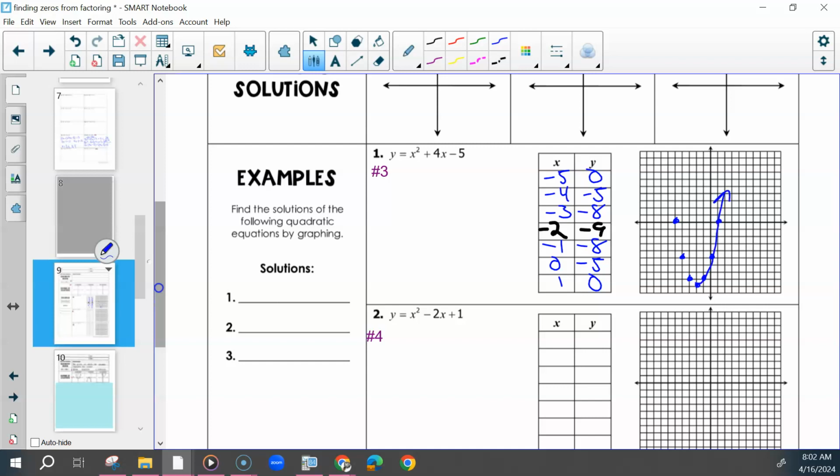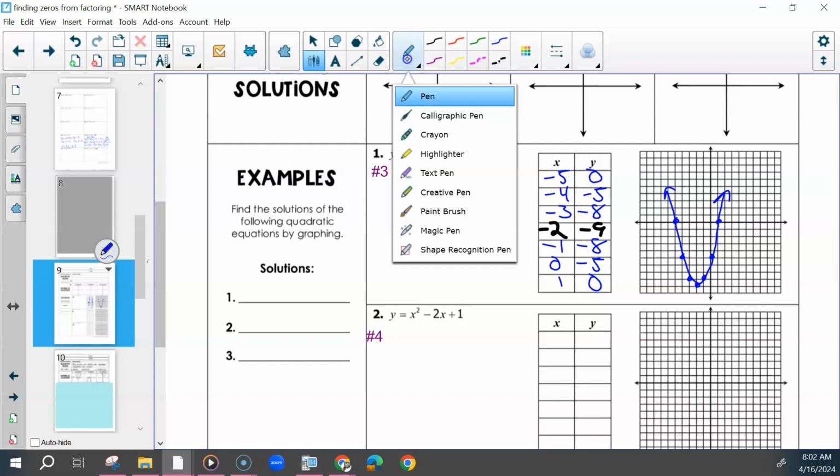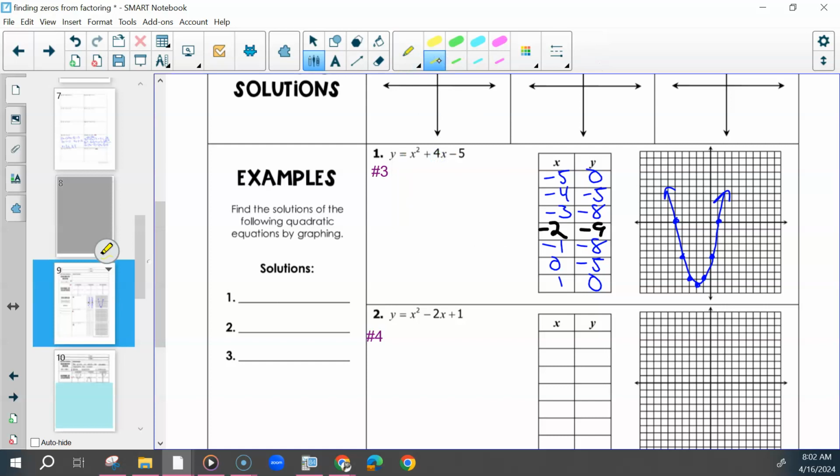Remember that it's symmetric, so once you get half of it, you should be able to copy the other half. I'm going to highlight the x, y axes just so we see it a little bit clearer. What are our solutions here?